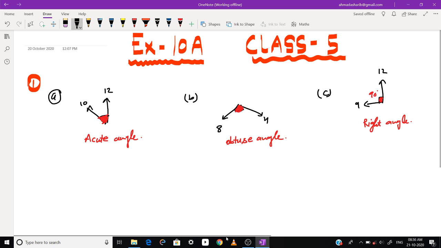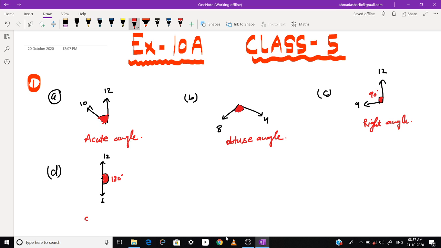Okay, now question D is one hand is at 12 and the other hand is just opposite to it, which is at 6. So what kind of angle is this? I have told you that the straight line forms a straight angle of 180 degrees.